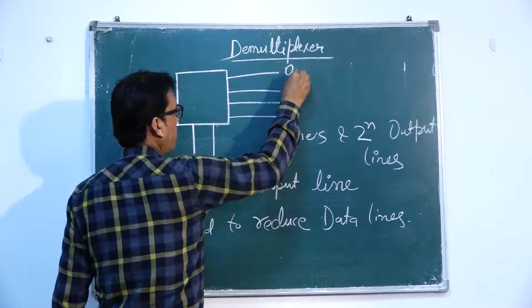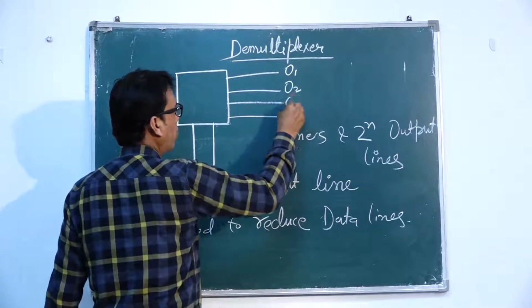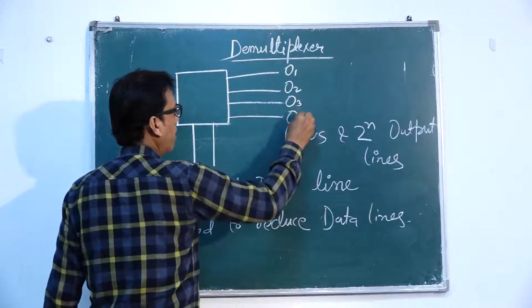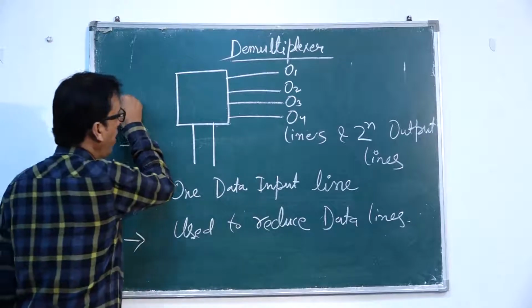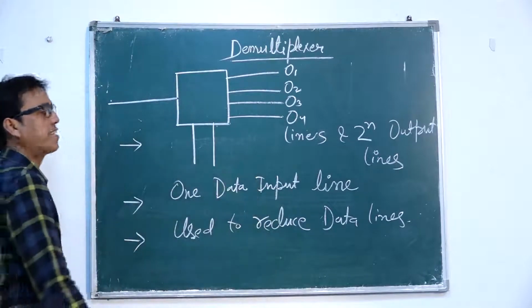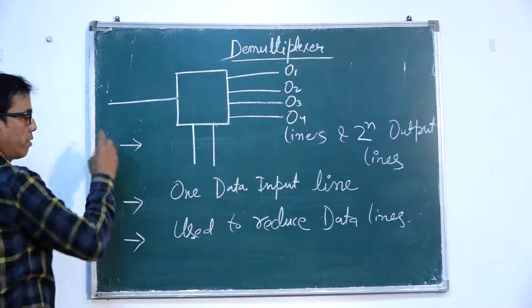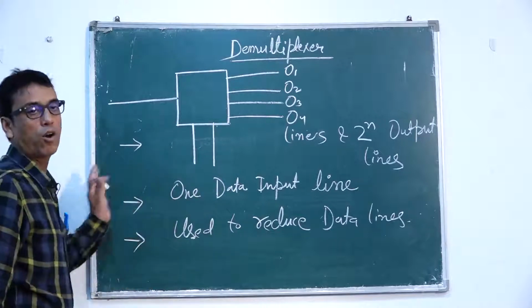Output 1, output 2, output 3, and output 4. And it has only one data input line. You can say that data input line or device input line.